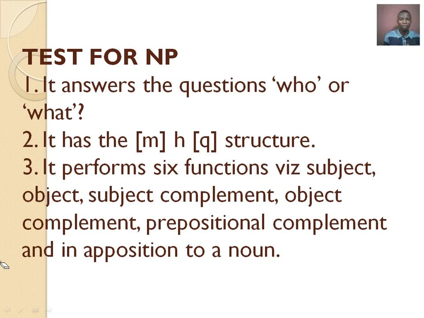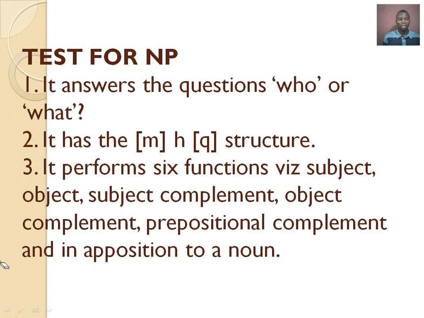M means the modifier, H is the head word, while the Q element is the qualifier. The modifiers are those words or the word that comes before the head word. The head word is the most important word, which must be a noun, while the qualifying elements are those words or group of words that come after the head word.